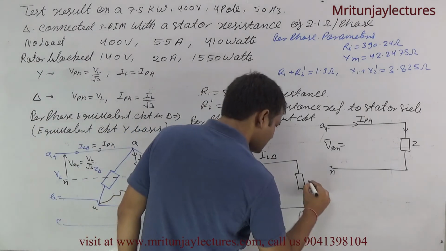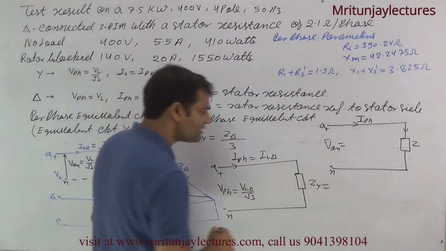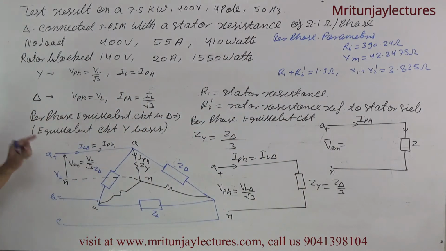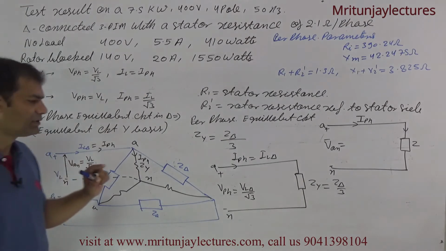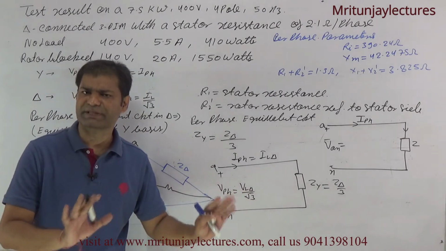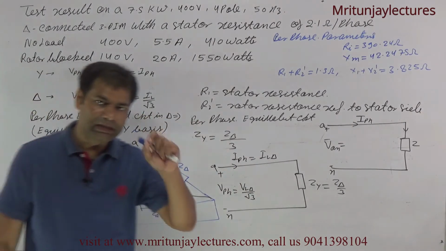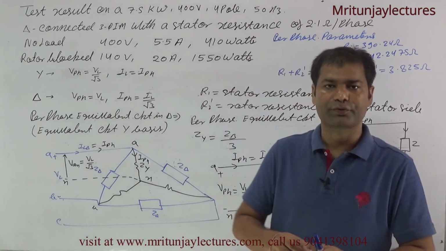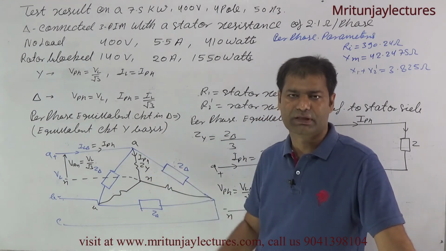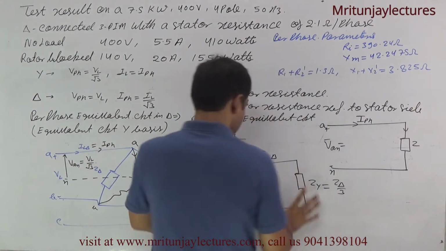And this star impedance is written as Z delta by 3. Clear? This is the per phase equivalent circuit in delta on the basis of star connection. Clear? It is clear how to create it: if any circuit is given in delta and you want to make the per phase equivalent circuit of delta, then you convert it on the basis of star connection, then the circuit is like this one.